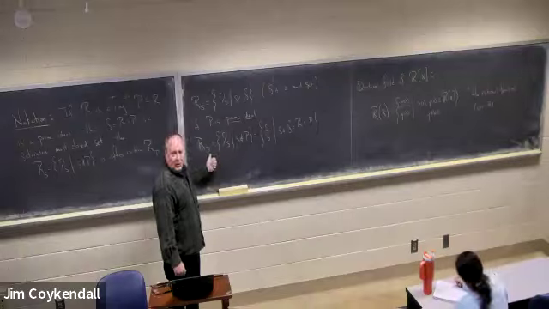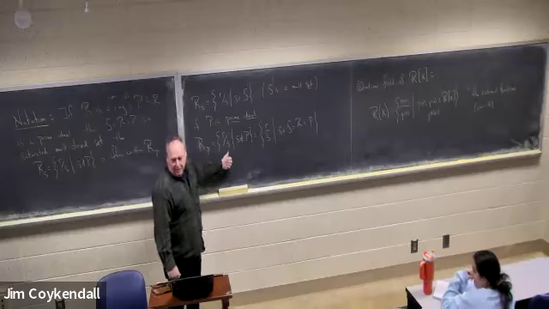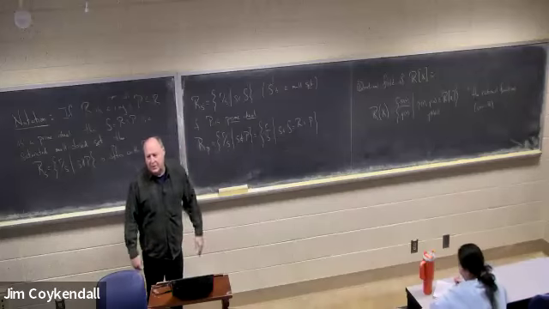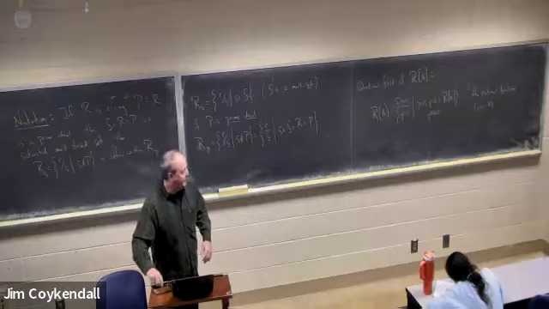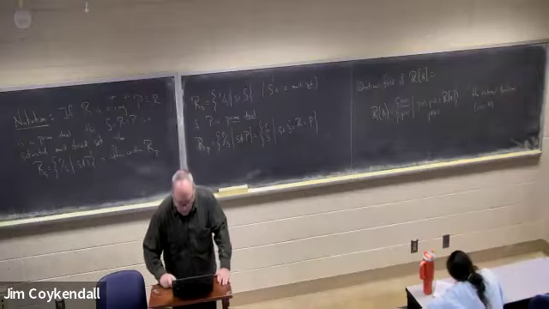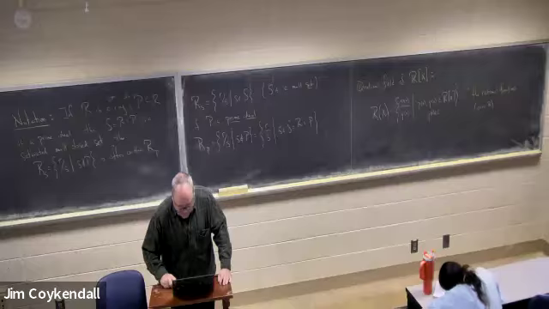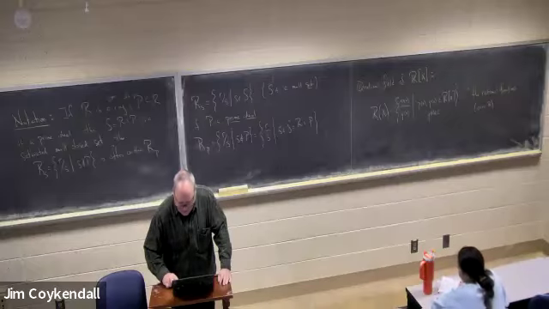When this is an ideal, that means the denominators come from the complement of the ideal. It's a sucky notation, but that's what it is. And this is often called the localization of R at the prime P.